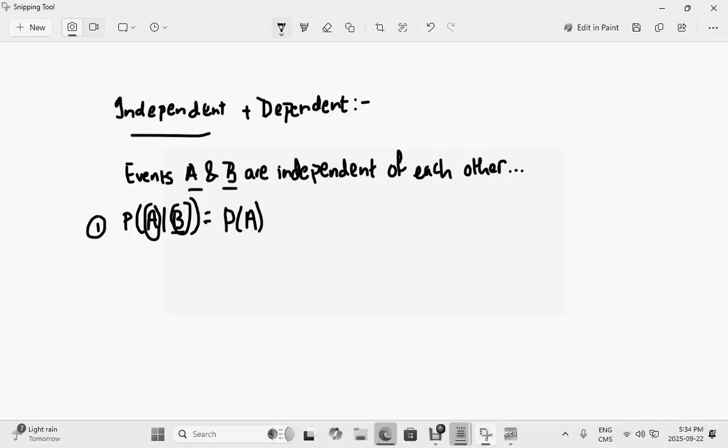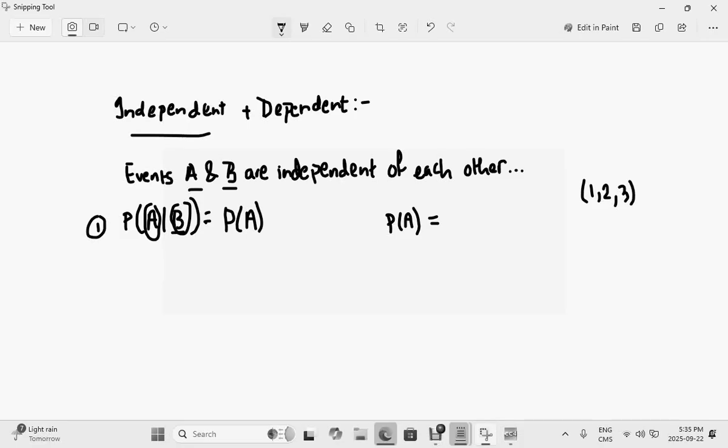Now, what is P(A), you may ask? So P(A), we talked about the possibilities and probability in the past couple of videos. Let's say event B has three numbers, so three possible outcomes, let's say 1, 2, and 3.